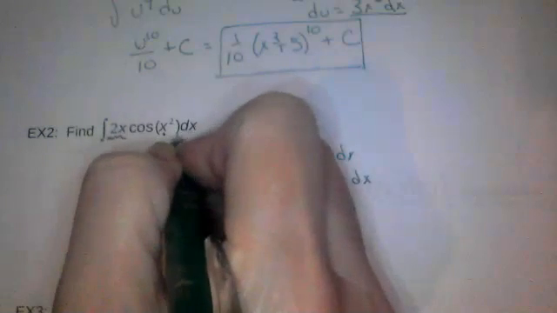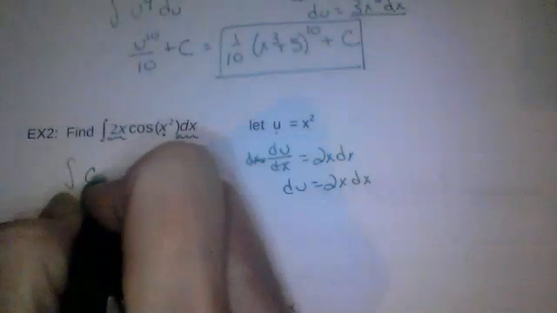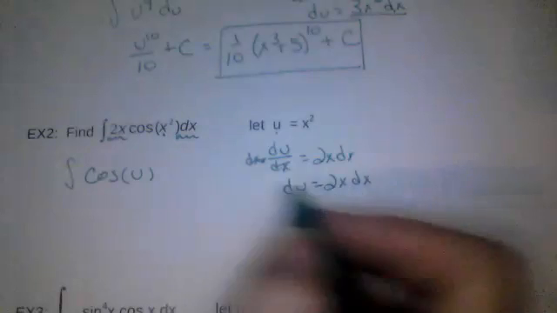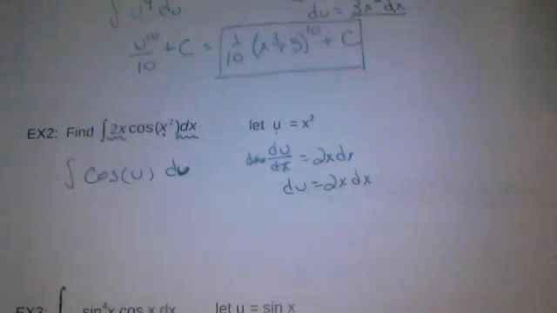If we look over here, we have 2x dx right there. So when I rewrite this with U-substitution, I'm going to have the cosine of u, and then du is the 2x dx, so du.